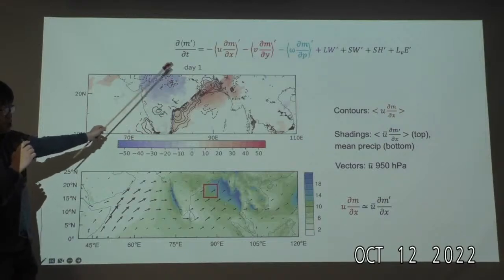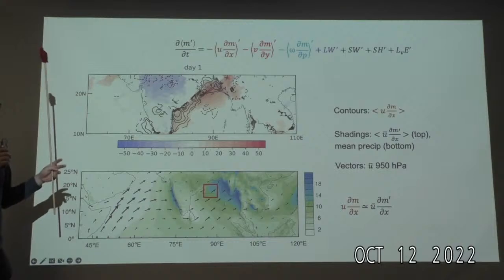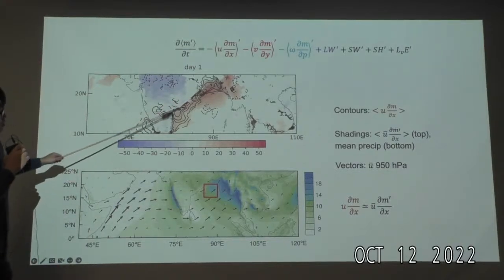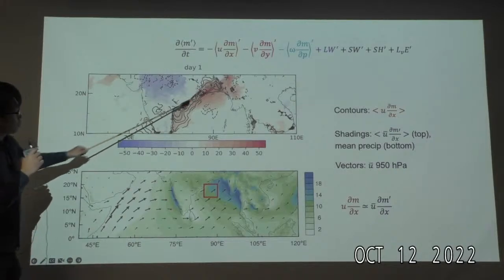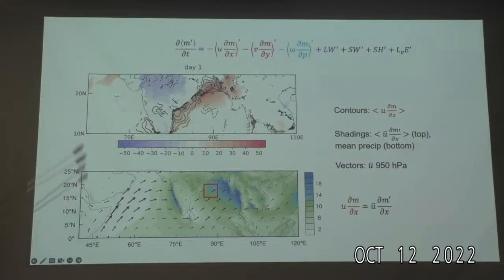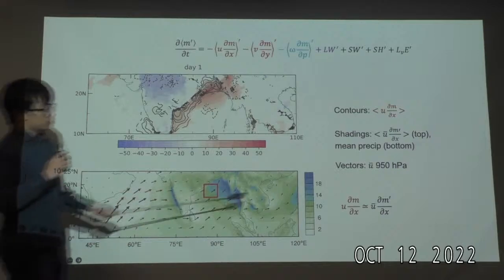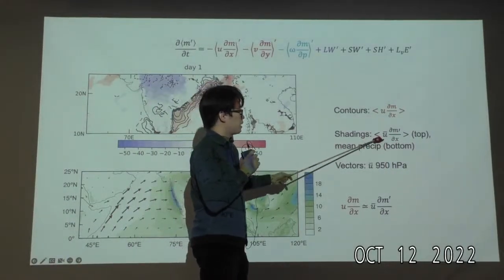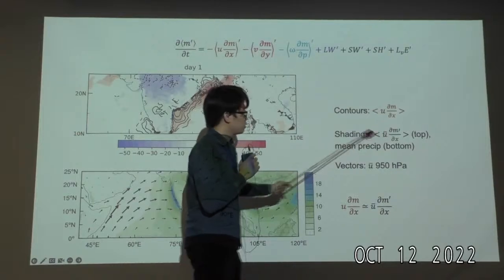I put day one here because day one is the most obvious decaying stage. On day one, the contours generally follow the coastline here. Why is that the case? In my theory, this term is affected a lot by the shape of U bar.